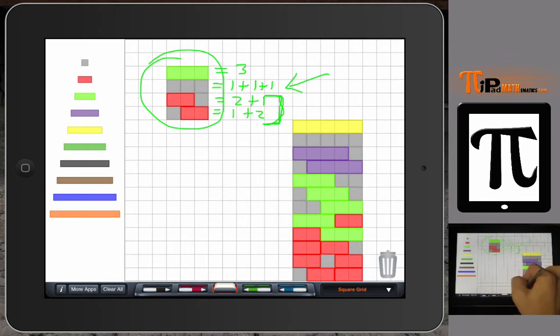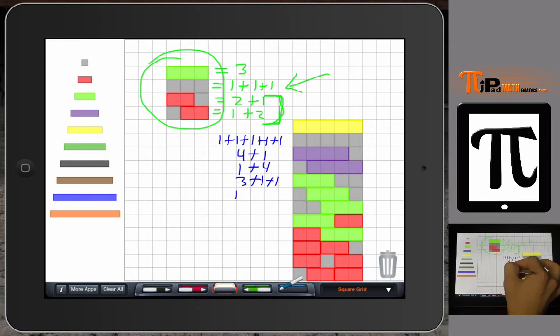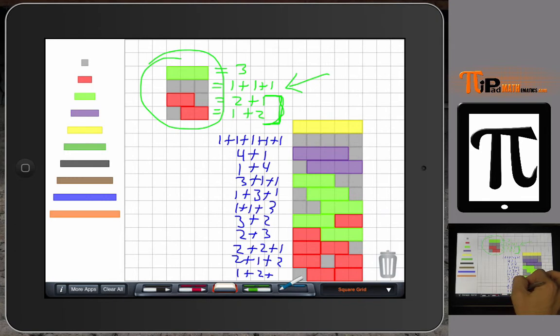And then when you write the number sentences out, we have 1 plus 1 plus 1 plus 1 plus 1. We have 4 plus 1, 1 plus 4, 3 plus 1 plus 1, 1 plus 3 plus 1, 1 plus 1 plus 3, 3 plus 2, 2 plus 3, 2 plus 2 plus 1, 2 plus 1 plus 2, and then 1 plus 2 plus 2.